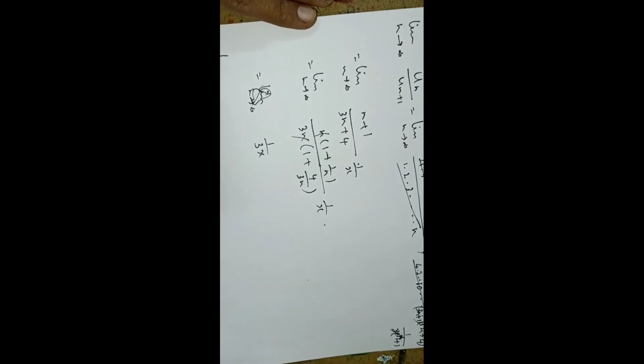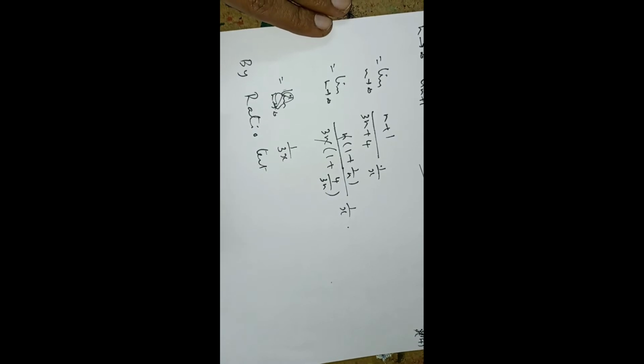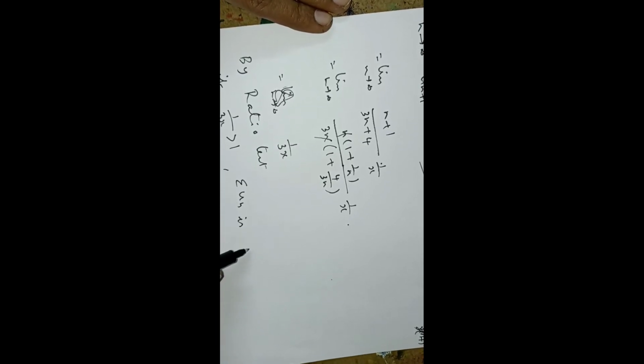Now by ratio test, we have to write the conclusions of ratio test. By ratio test, if 1 by 3x is greater than 1, sigma un is convergent.